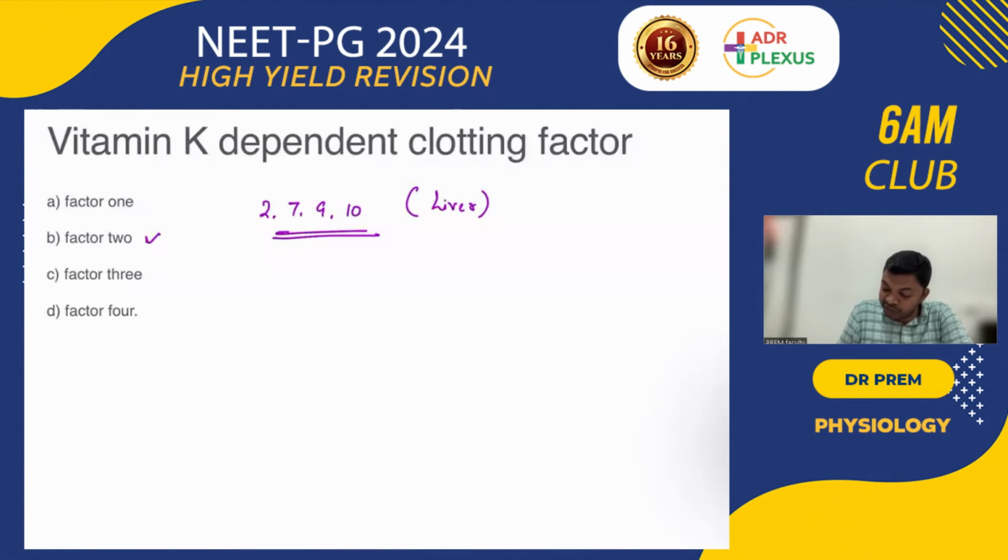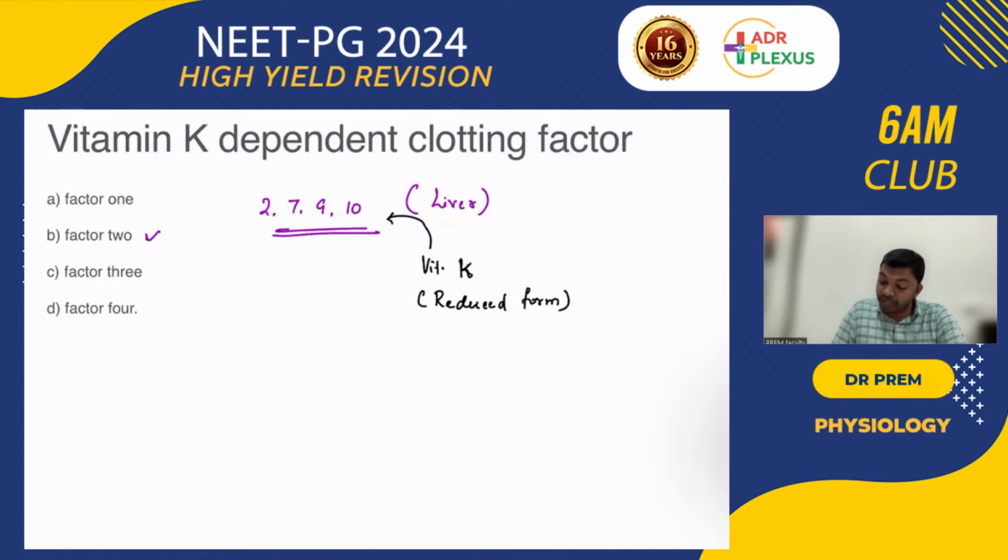For the liver to synthesize these factors, you require vitamin K, I repeat, in the reduced form. So every time this vitamin K is present in the reduced form, only then is it able to synthesize factor 2, 7, 9, and 10. But every time vitamin K is involved in synthesizing 2, 7, 9, 10, it becomes reconverted to the oxidized form.